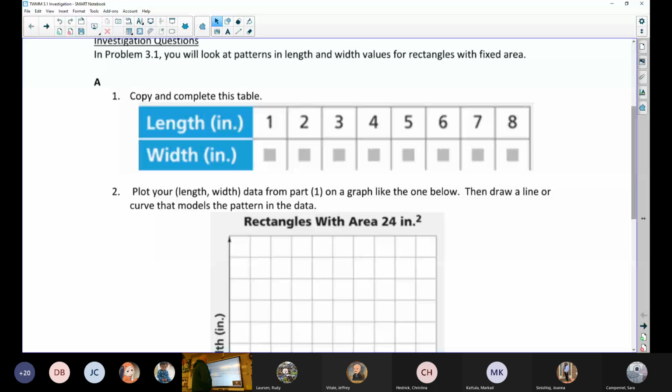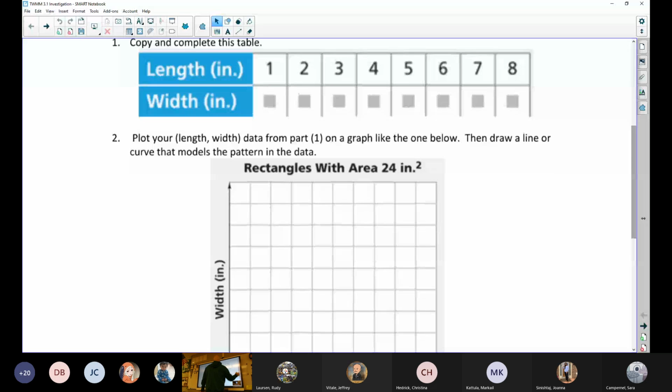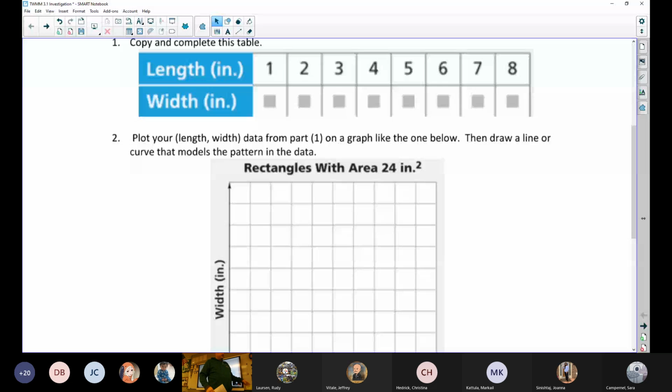All right, so we have a table here, written 1 through 8, and this rectangle has an area of 24 square inches. Who can remember how you find the area of a rectangle or a square?